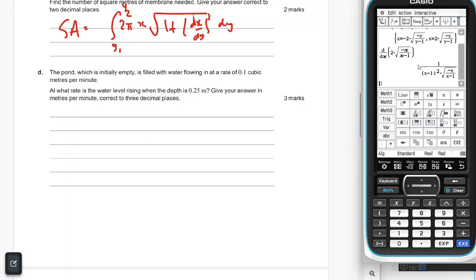Then if I take all of that and square it, that gives me that expression. So I want the square root of 1 plus this all squared. All of that has to be underneath the square root.